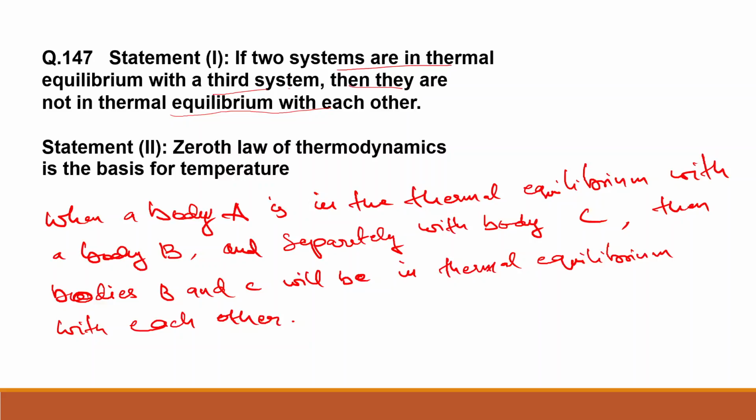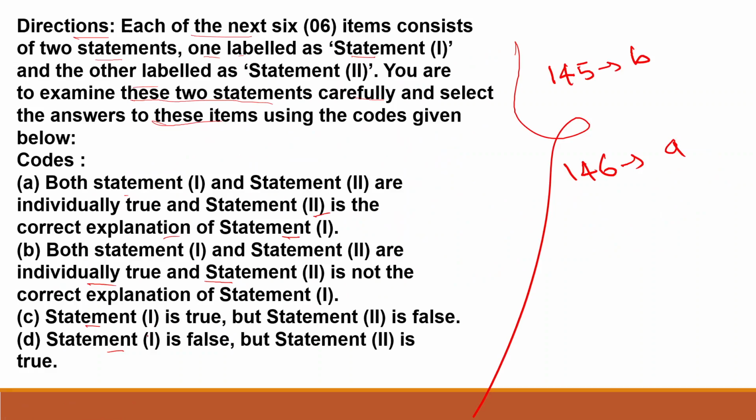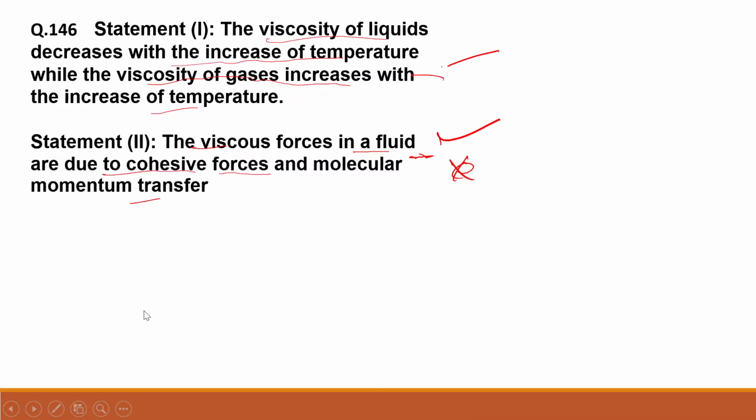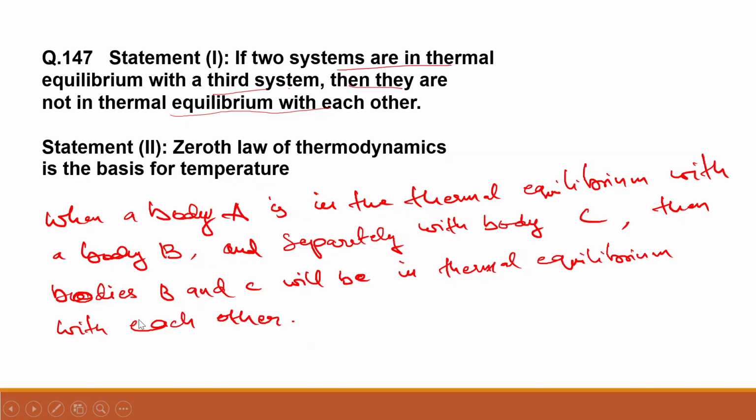Okay, so option D will be our right answer, because statement 1 is false and statement 2 is true, guys. For question 147, this point is wrong because it is not at all right here, and the zeroth law is the basis of the temperature, guys.